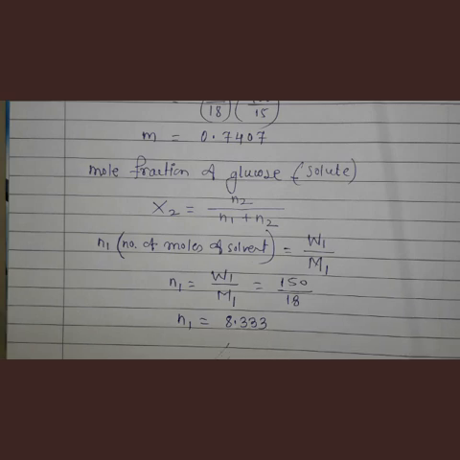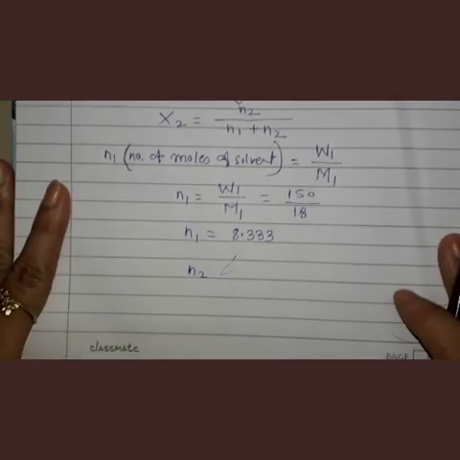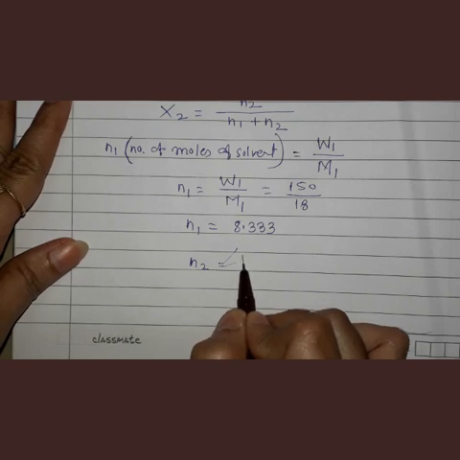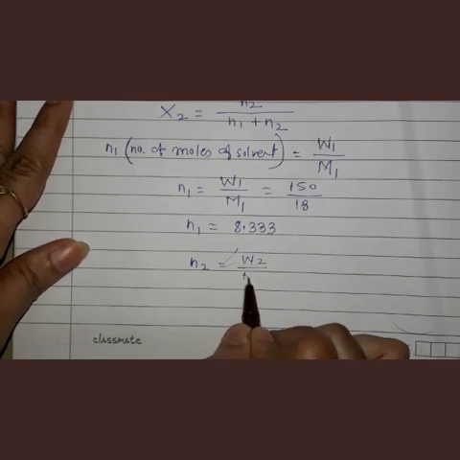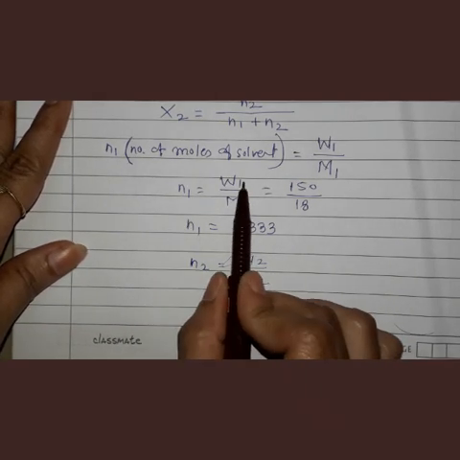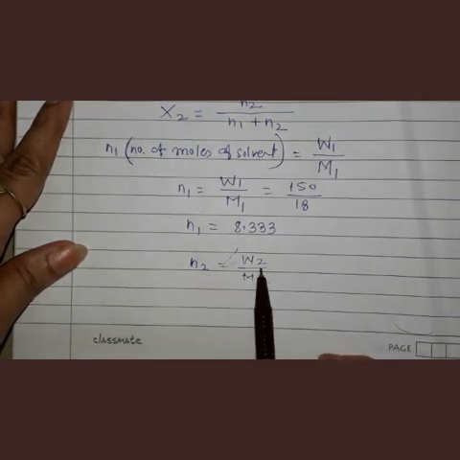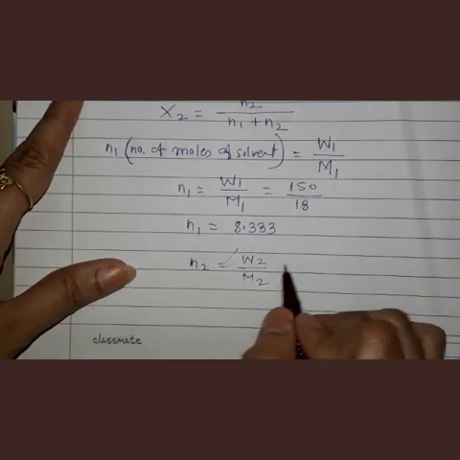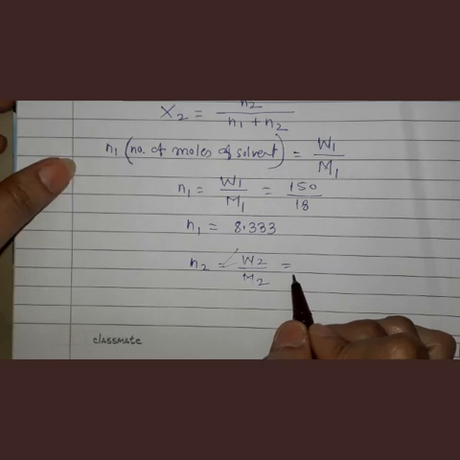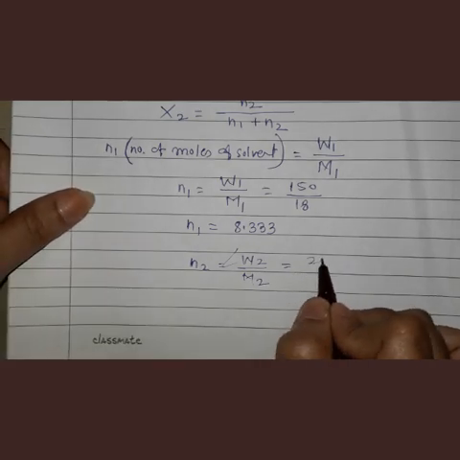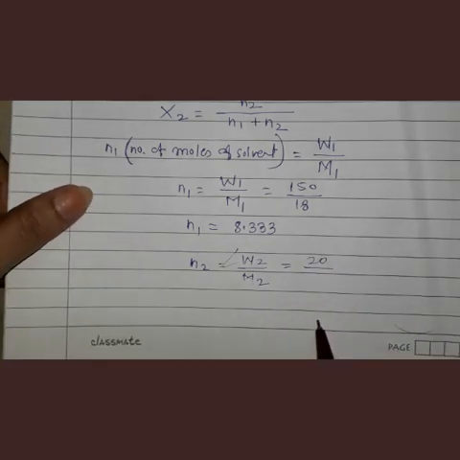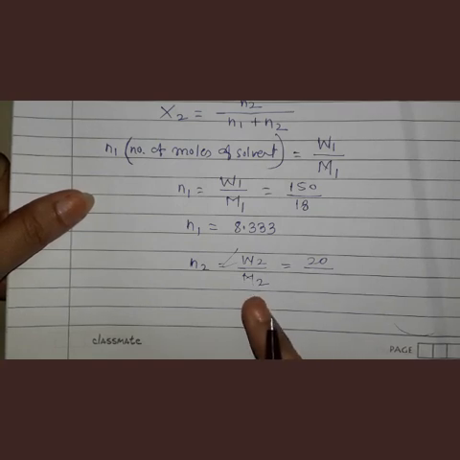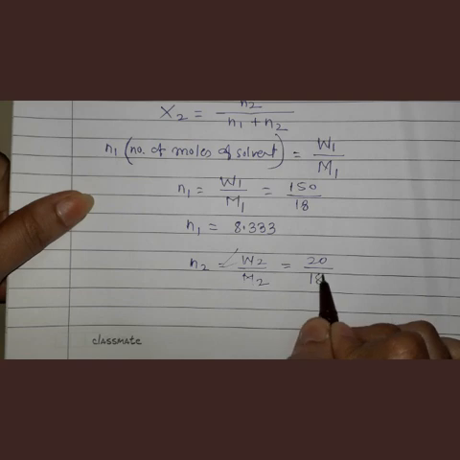Now let us find N2. What is the formula to find N2? Here N1 is equal to W1 upon M1, and here N2 is equal to W2 upon M2. We know W2 is 20, the mass of solute, and M2 is the molar mass of glucose, that is 180.